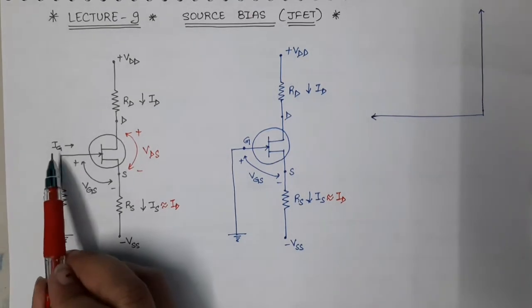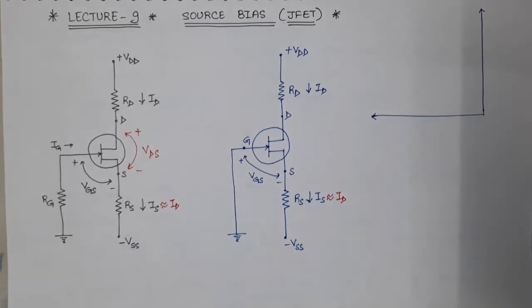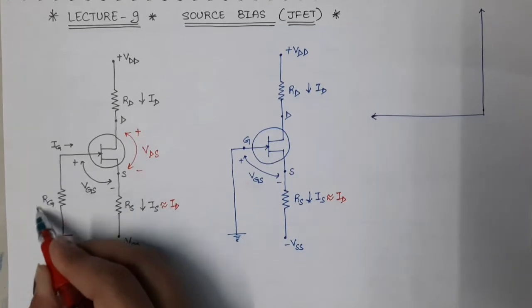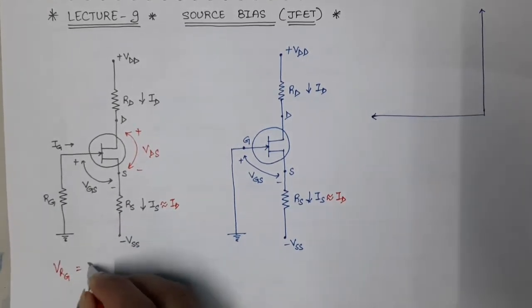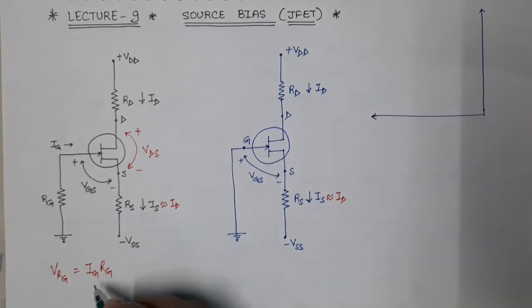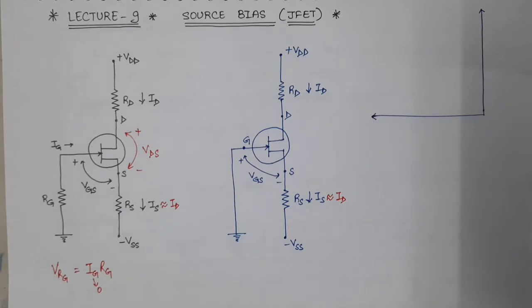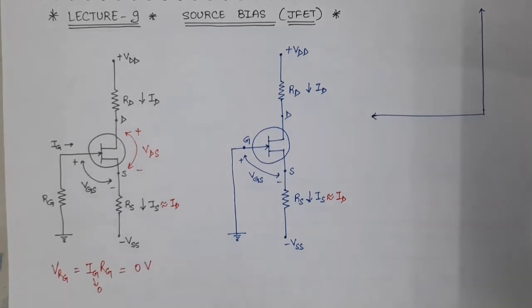And here as this gate current is approximately equal to zero, what does this mean? It means that the voltage drop across this gate resistor will be Ig into Rg. Now as this Ig is approximately equal to 0, this implies that the voltage drop across this gate resistor will also be approximately equal to 0 volts.